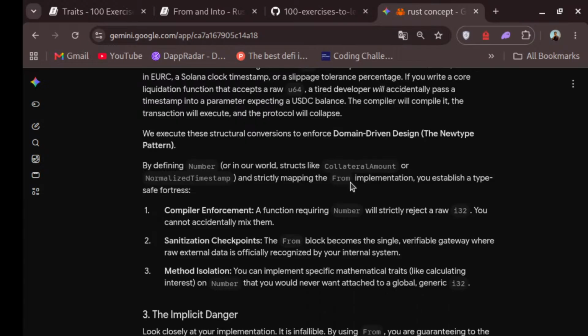We execute those structure conversions to enforce domain-driven design, the newtype pattern. So by defining Number, or in our case a structure like Number or Timestamp, strictly mapping through the From implementation, you establish type safety.